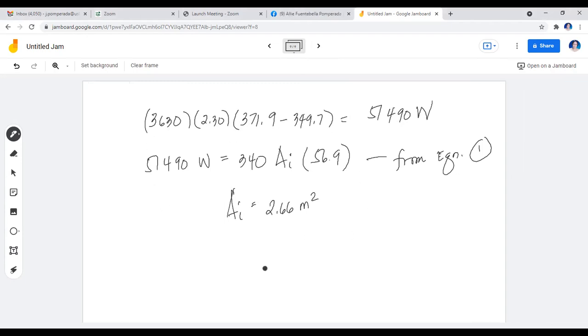So make sure that you read the comparison of the two values and the learning behind the comparison, because it's very important. So this now ends our topic on forced convective heat transfer. Tomorrow, I will start with natural convection.